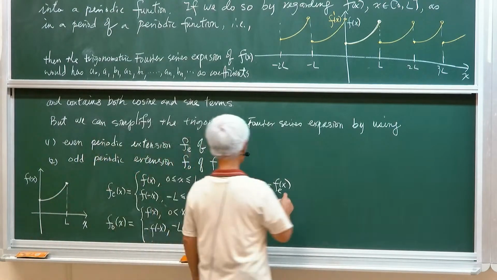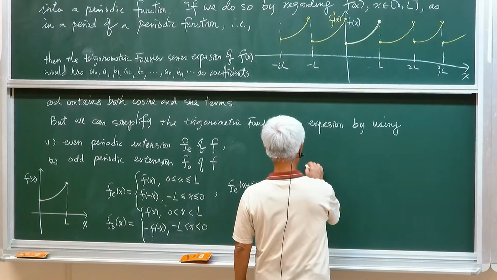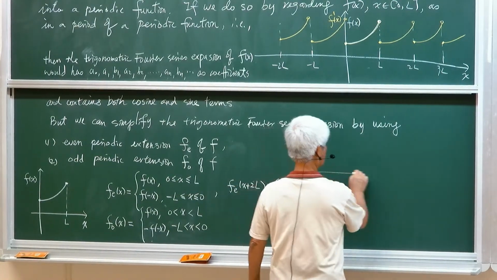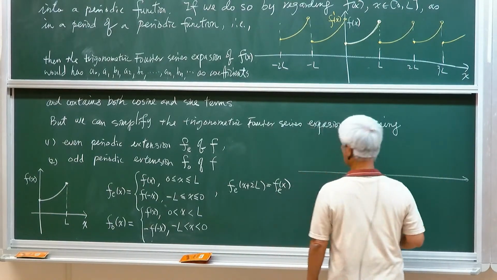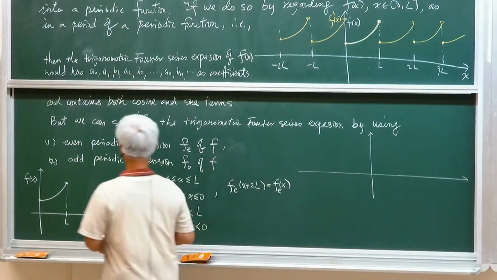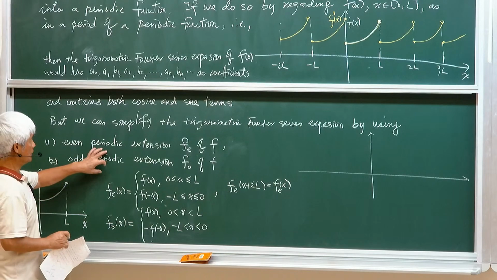To construct the even periodic extension, we first build it so that both extensions have period 2L.